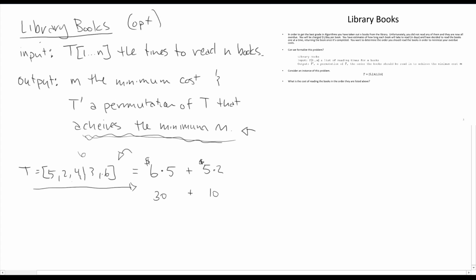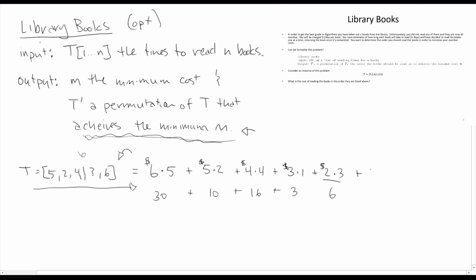Okay, so let's keep going. So the next one, we got $4 per day times 4. That gives us 16. Next up, the next is our 1. Well, that one we're being charged $3 per day, and that one's only 1 day to take. So that's 3. Then we're on to $2 a day, and that one takes 3 days to read, so I guess that's 6.